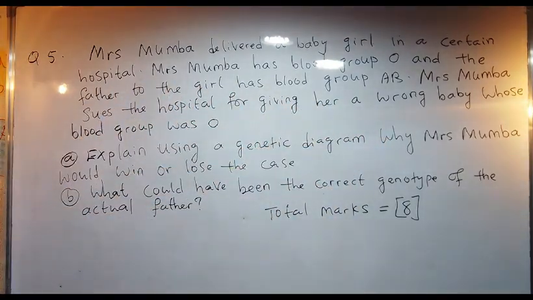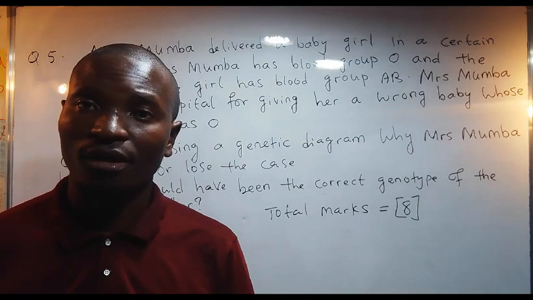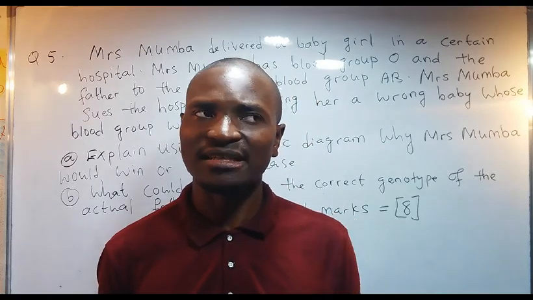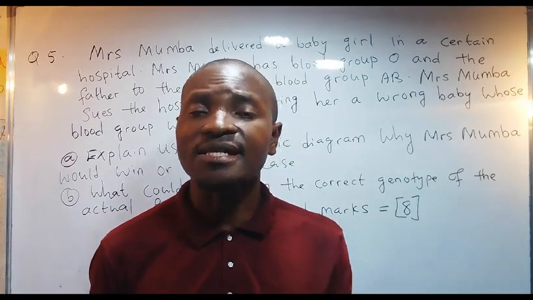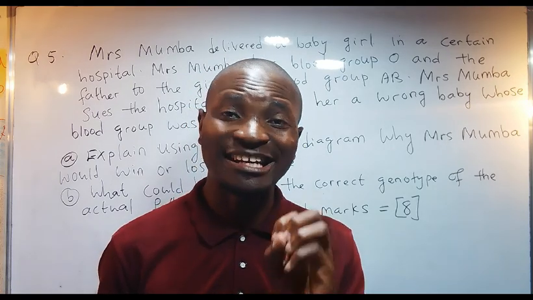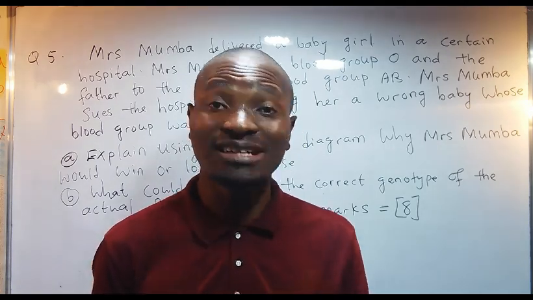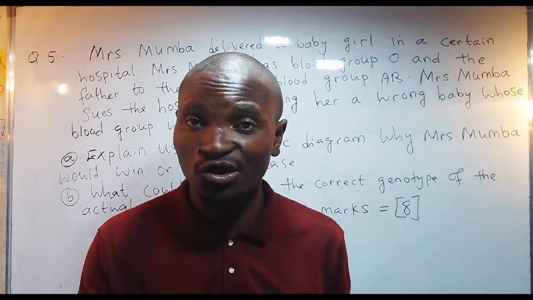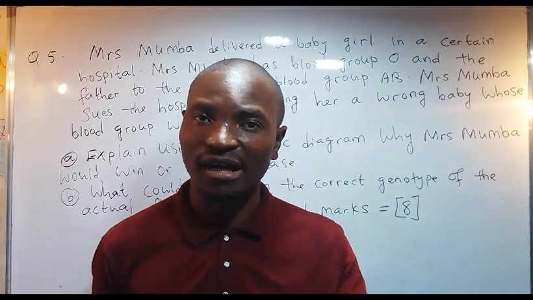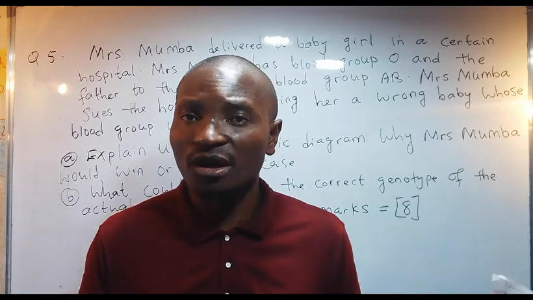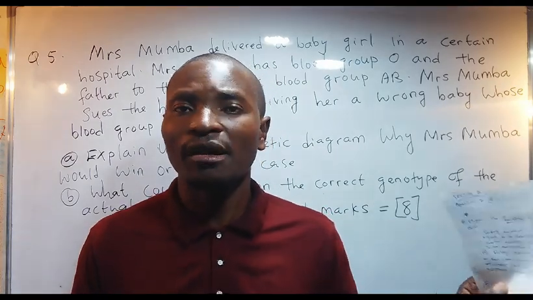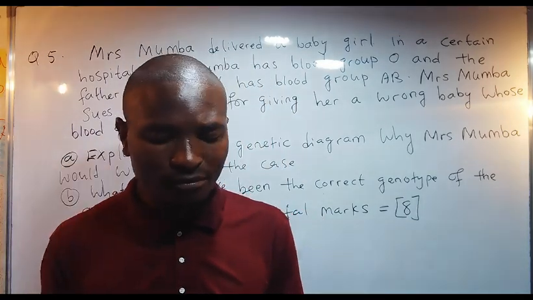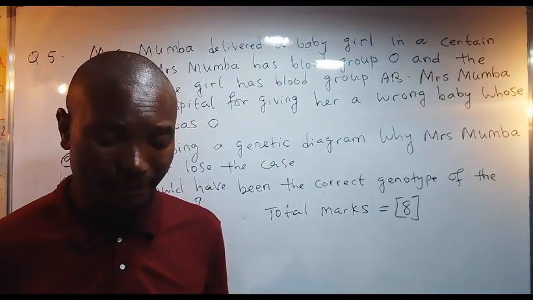One of the most important things under genetics is to understand some of the terms that are used in genetics, because if we do not understand them, it becomes very difficult to get the question right. But this question is not actually about the terms. Let me read out the question now.